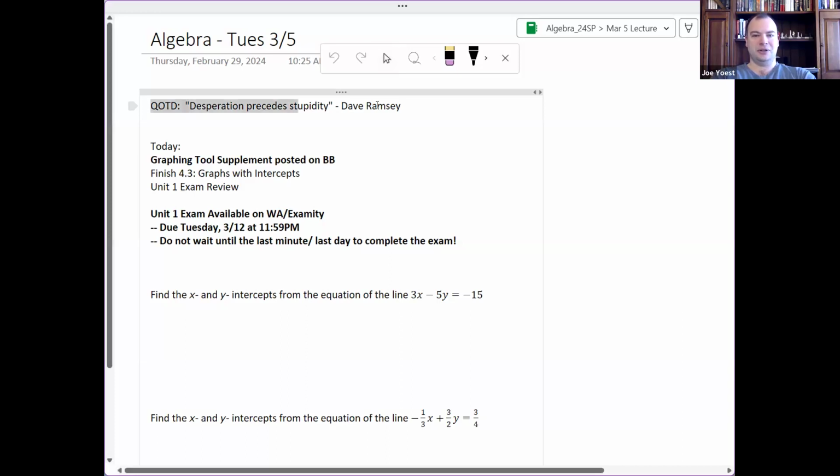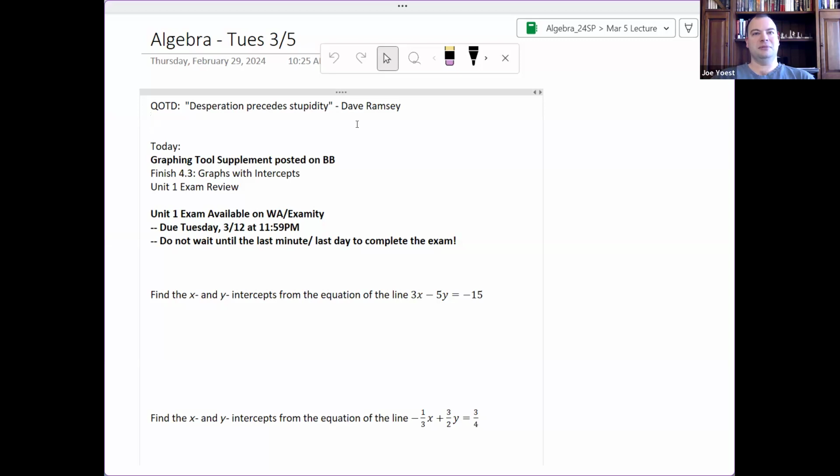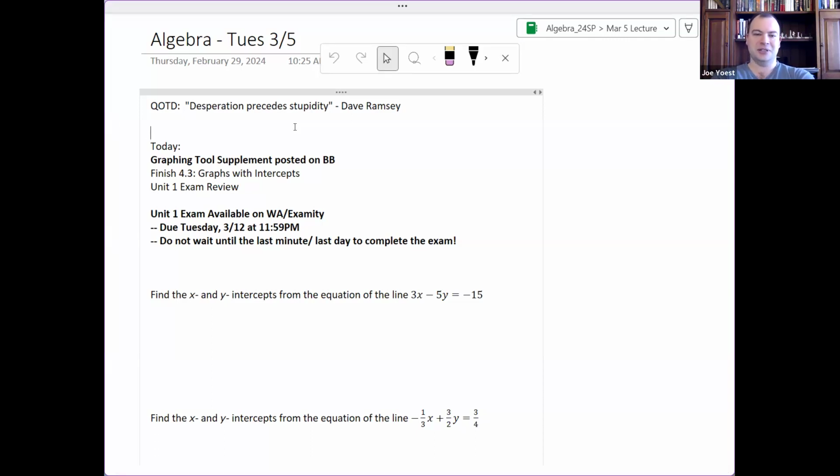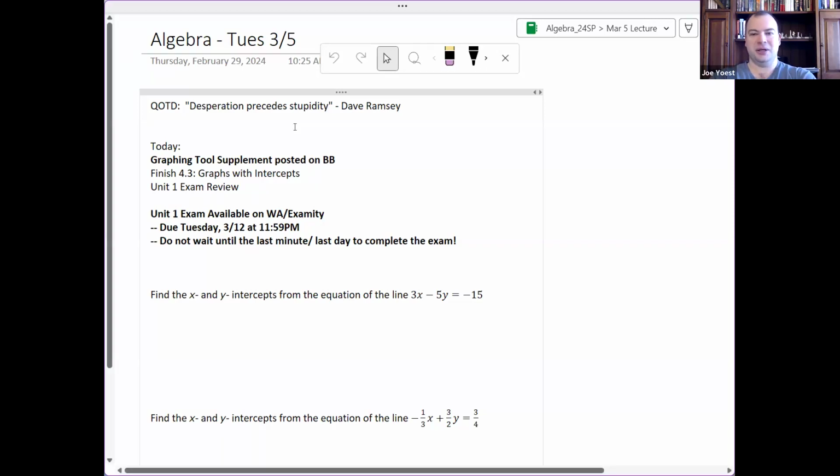And the quote of the day, now that we're approaching midterm exam time and the middle of the term when a lot of things like course projects and papers are due, is from financial guru, if you want to call him that, Dave Ramsey. Don't agree with 100% of what he says, but a lot of what he says is good advice for his audience. One of his quotes is, "Desperation precedes stupidity."